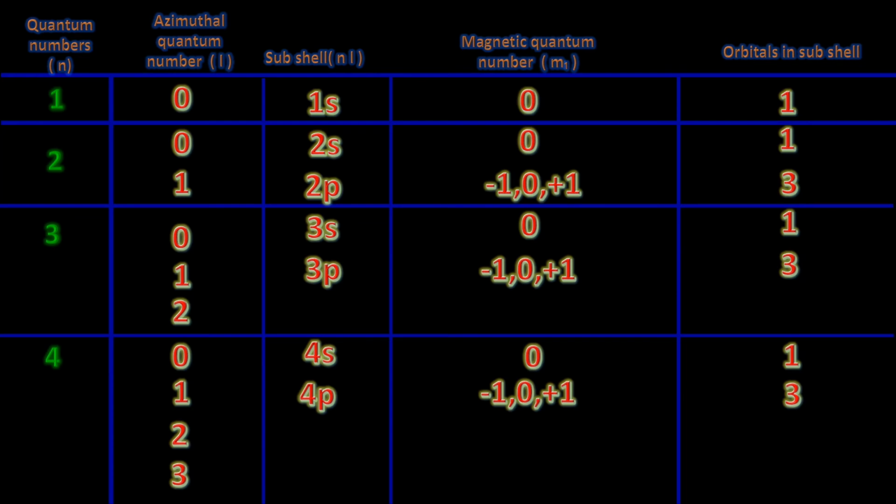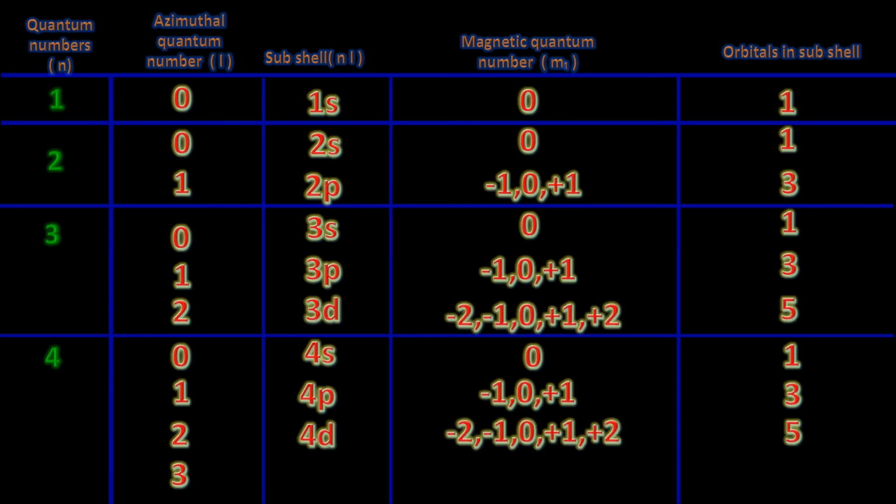p orbitals with 3 orientations, the number of orbitals in the subshell being 3, can occupy 6 electrons. And whereas coming to L equal to 2, d orbitals showing 5 orientations, that is minus 2, minus 1, 0, plus 1, plus 2, the number of orbitals in the subshell being 5, can occupy 10 electrons.